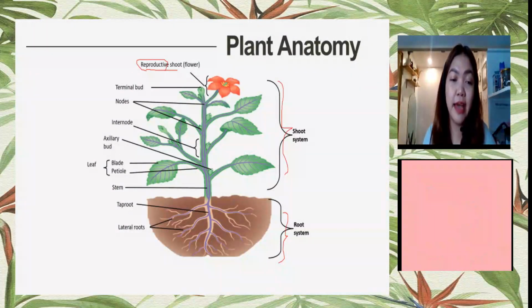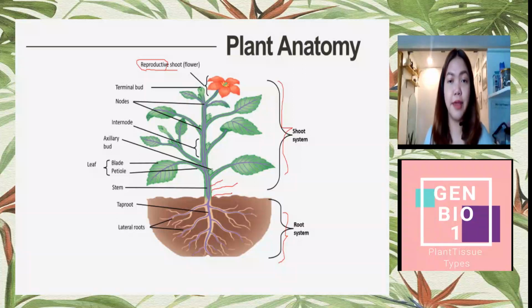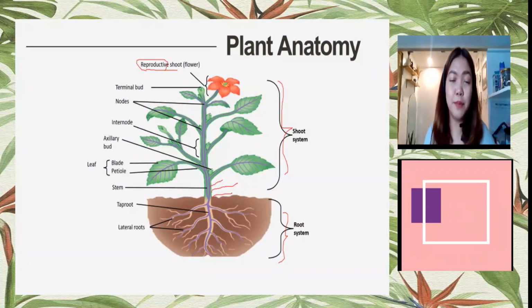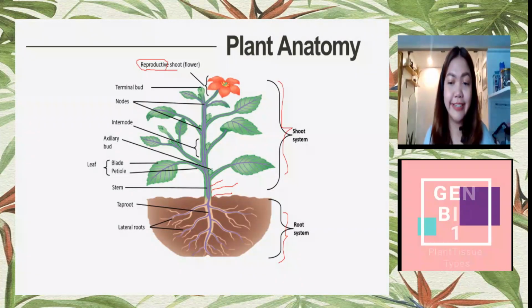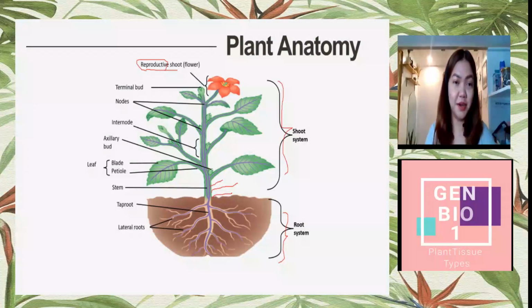So the problem with that is we also have roots that can be found above the ground. So we call those your aerial roots. So the perfect way of describing your root is that they are the non-leafy and non-node-bearing parts of the plant that, of course, absorb water.